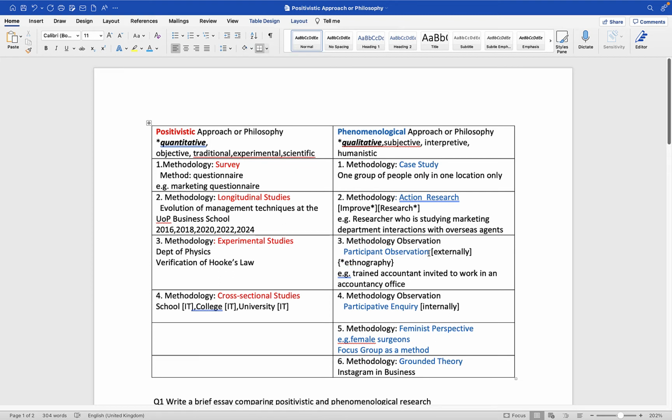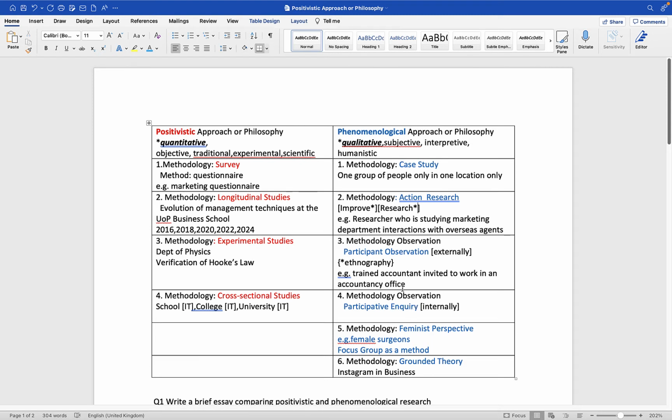So for example, if you were a trained accountant working as an accountant and an observer in an external accountancy office, then I would use the term participant observation. If you were working internally in your own organization, then I would use the term participative inquiry.